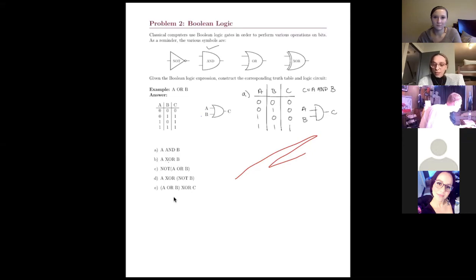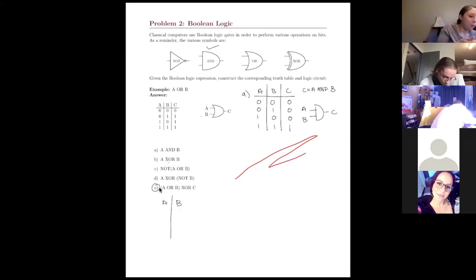And then just quickly, for the more complicated ones, like for E, for example, generally what I try to do to make it easier for myself is just go really step by step. I'm not going to go through all the values, but say we're doing E. I would do my A column, my B column, then my A or B column.